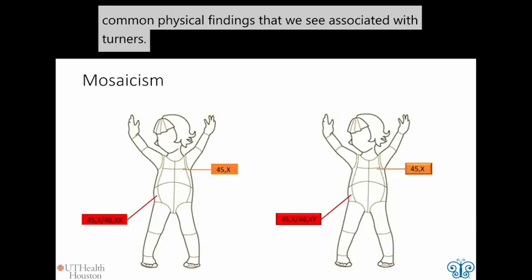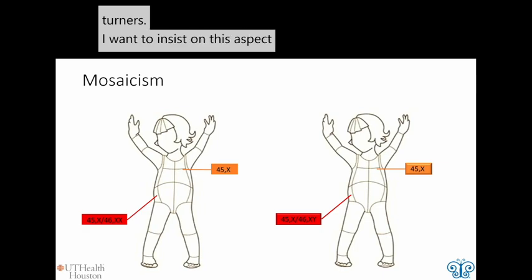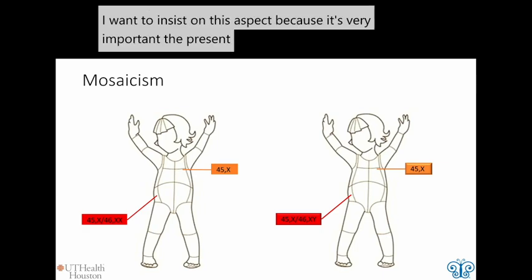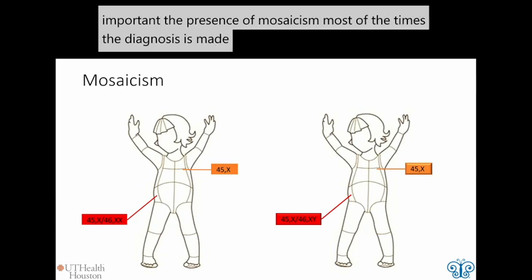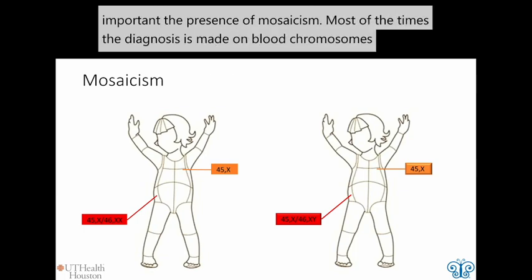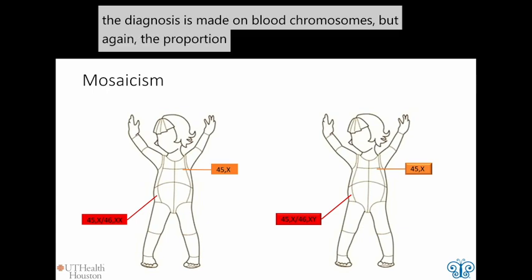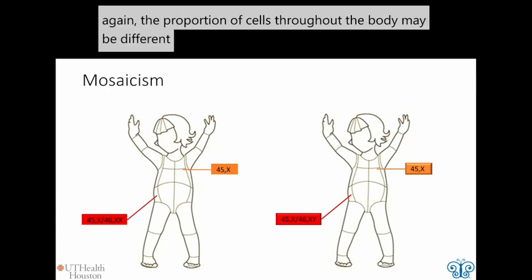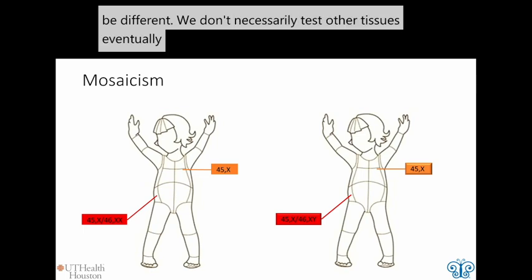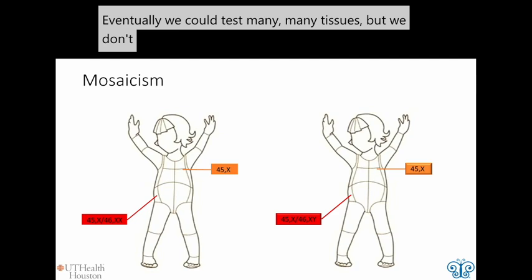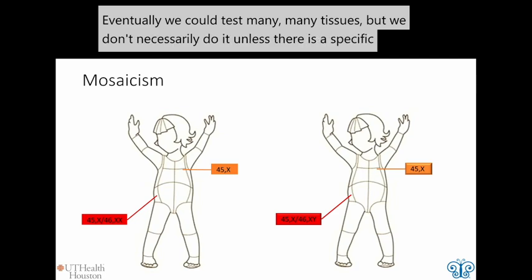I want to insist on this aspect because it's very important: the presence of mosaicism. Most of the time the diagnosis is made on blood chromosomes, but again, the proportion of cells throughout the body may be different. We don't necessarily test other tissues. Eventually, we could test many, many tissues, but we don't necessarily do it unless there is a specific question that we want to answer.